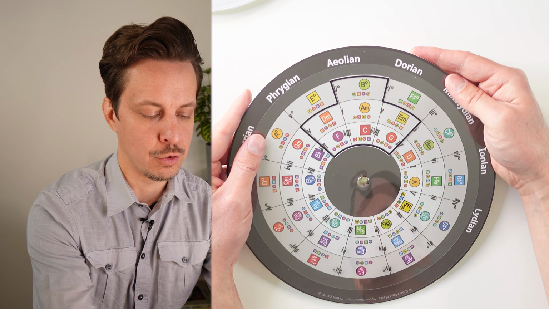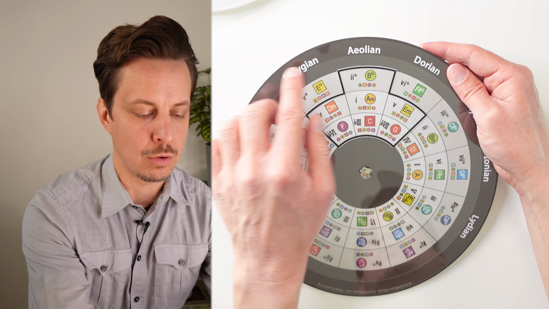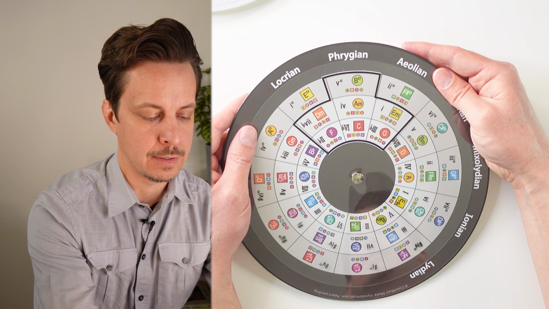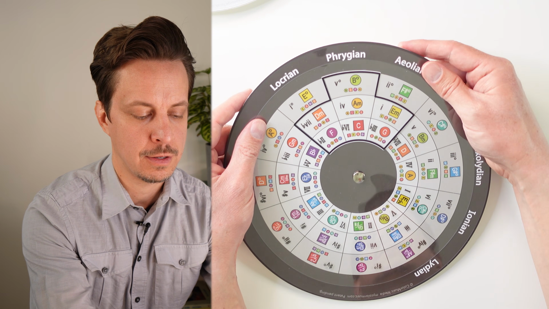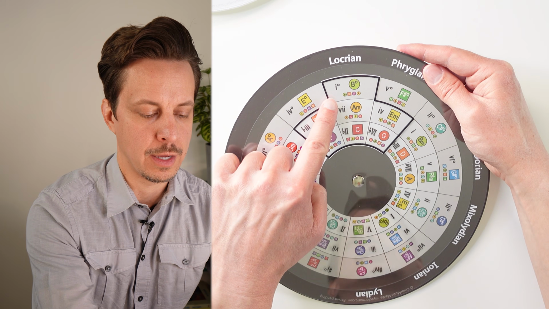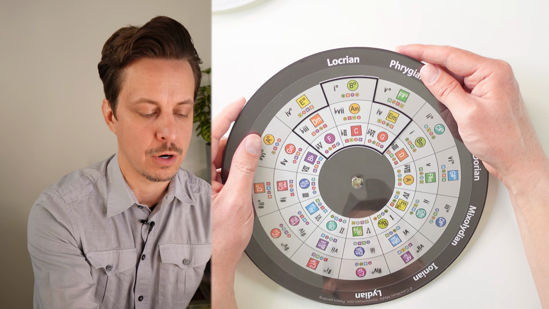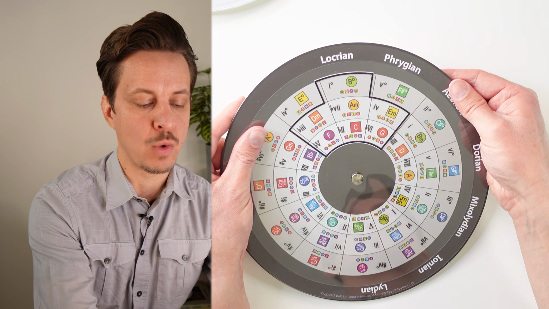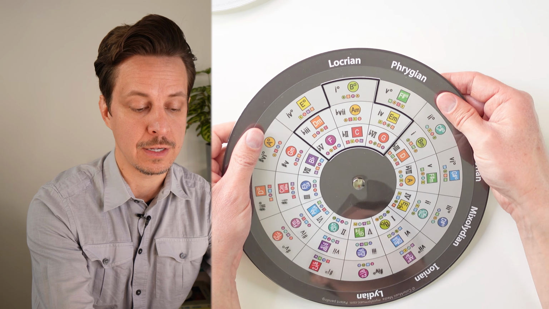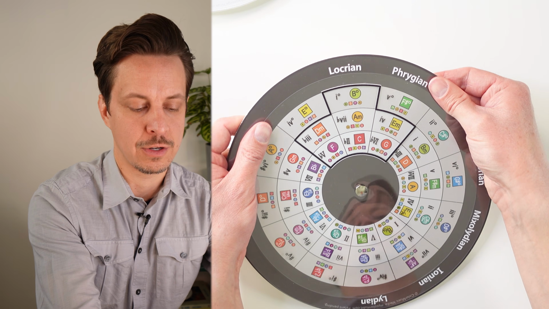Another rotation of the numerals to the right, we get A Aeolian and E Phrygian, and then we also get B Locrian. All of these 7 chords are the same chords, but they're relative modes, meaning they're related in that they share the same 7 harmonies.